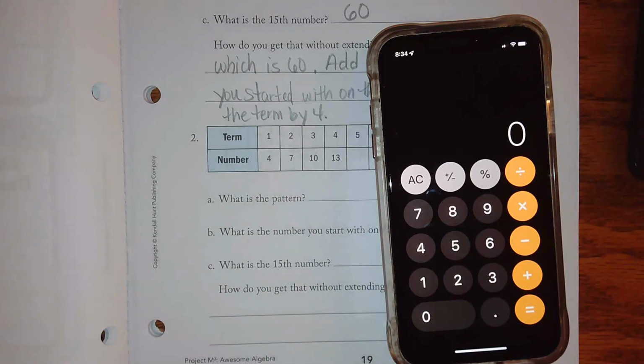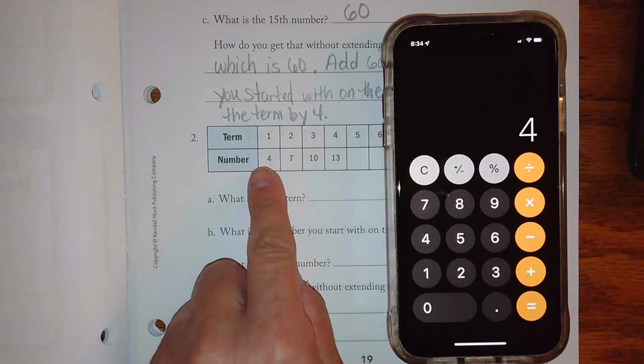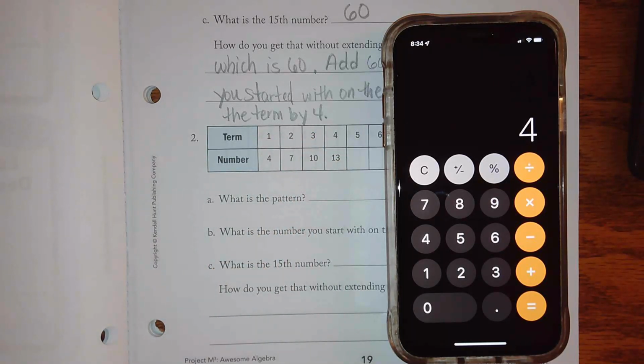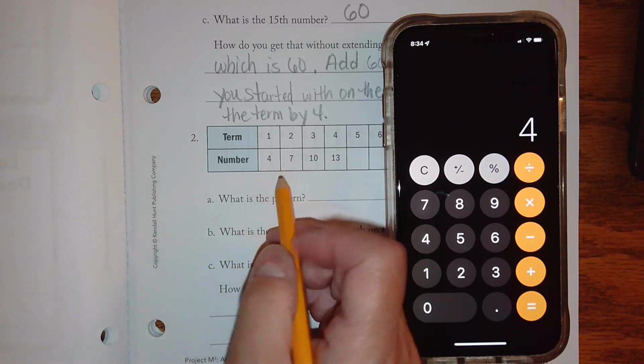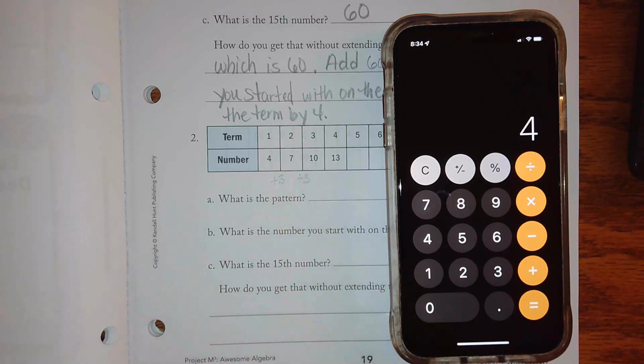How are we getting from 4 to 7 to 10 to 13? Hopefully you told me that you would be adding 3. So the pattern is going up by 3. If I add 3, click equals, that gives me 7, equals 10, equals 13, equals 16.